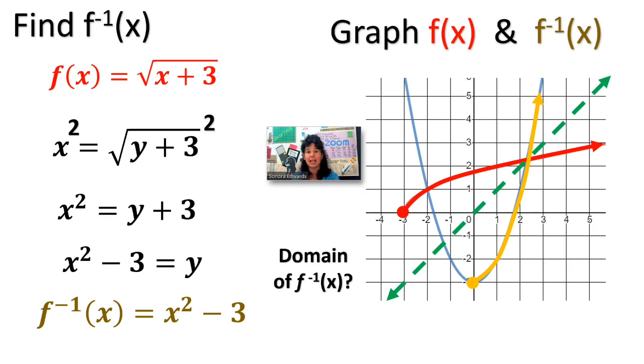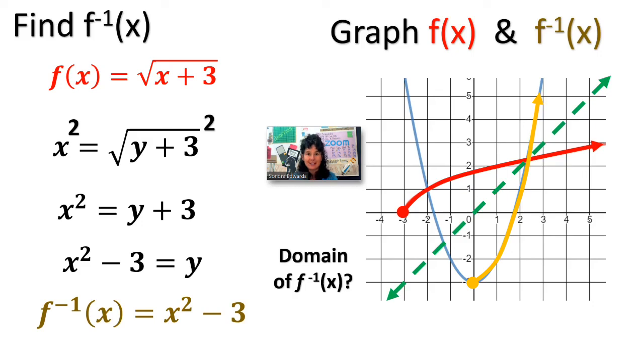I don't see an x underneath an even root. I'm not taking the log of x. So the domain of that is all real numbers. Well, there is more to finding the domain of an inverse than just looking at the equation of f inverse.